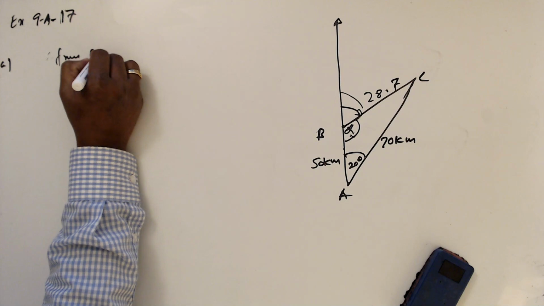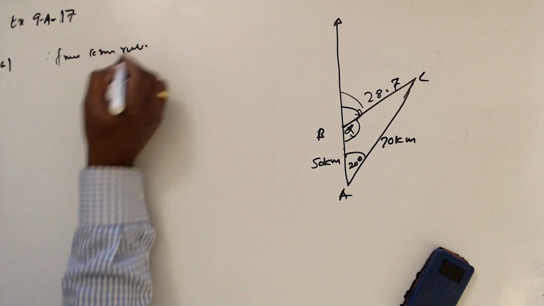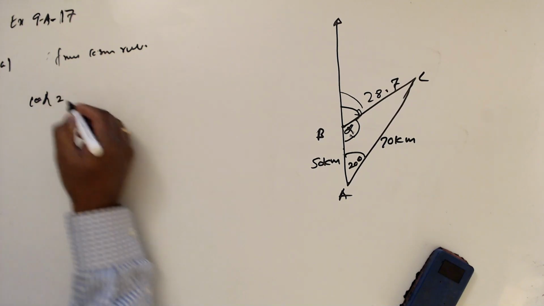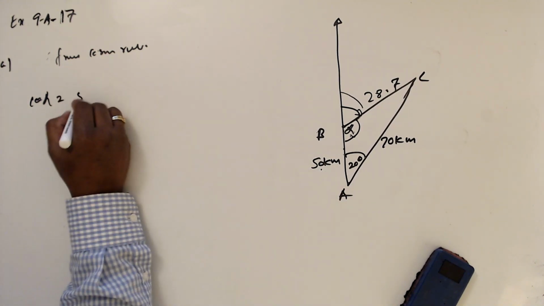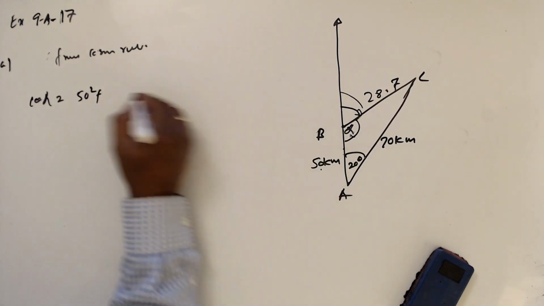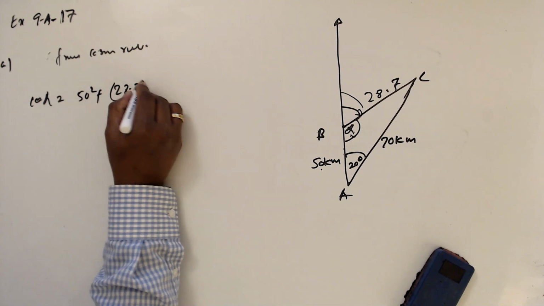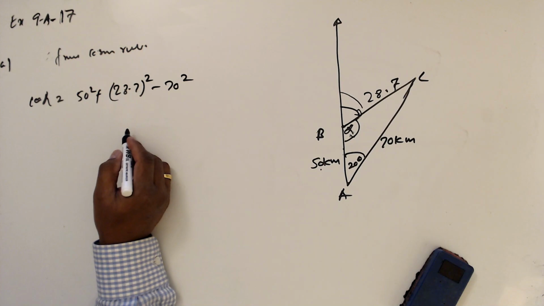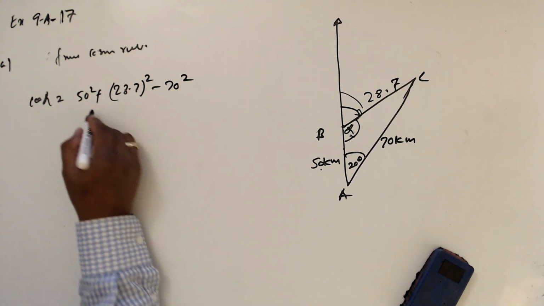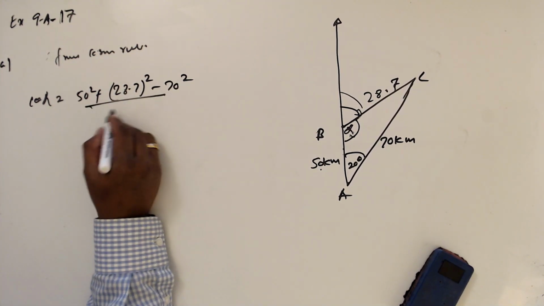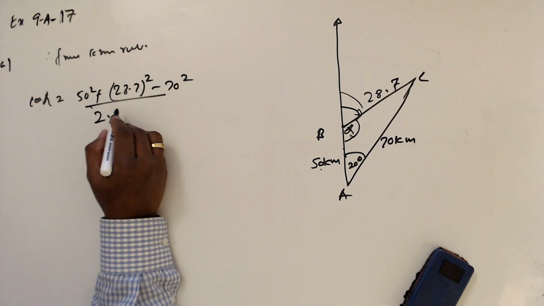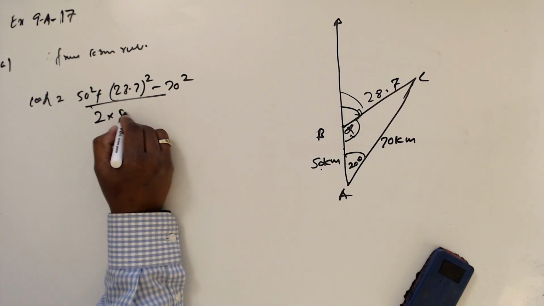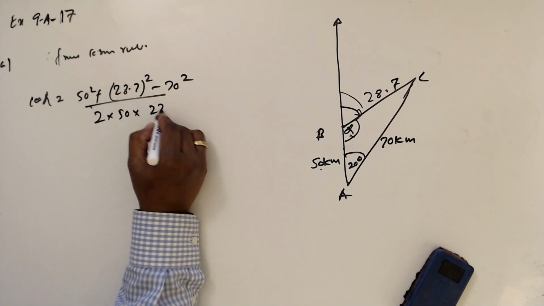So from cosine rule, cos alpha equal 50 square plus 28.7 square minus 70 square, divided by 2 times 50 times 28.7.